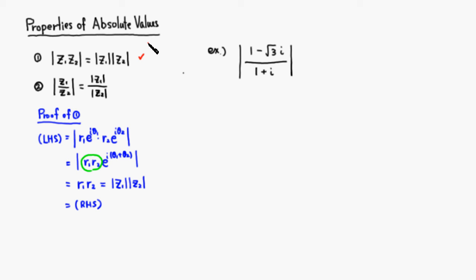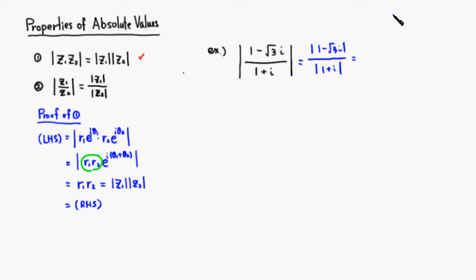Right. Let's look at the benefit of, let's do a number 2, right? So if you want to find the absolute value of 1 minus square root 3 i over 1 plus i, you can just simply find the absolute value of the numerator and the absolute value of the denominator separately, right?